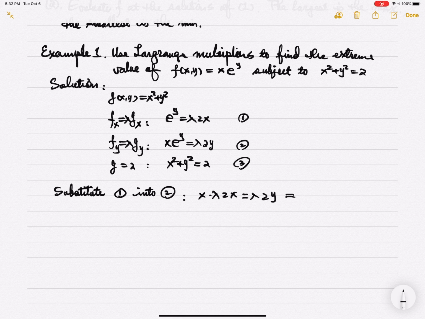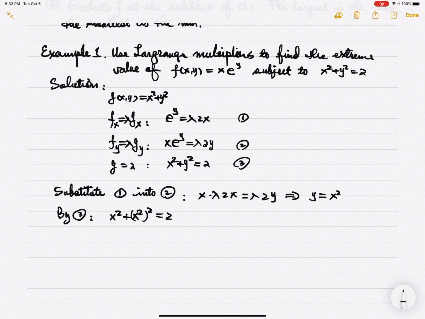That just gives us what? y equal to x squared. Then, if I substitute y equal to x squared into equation 3, we have x squared plus x squared squared equal to 2.